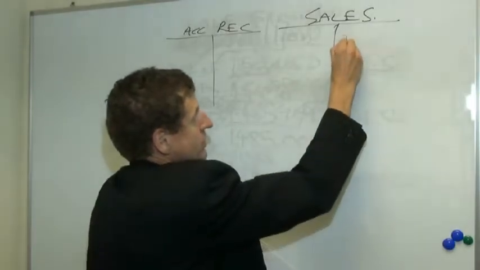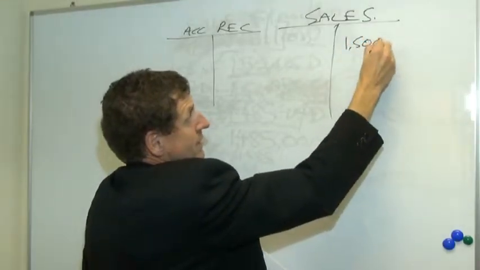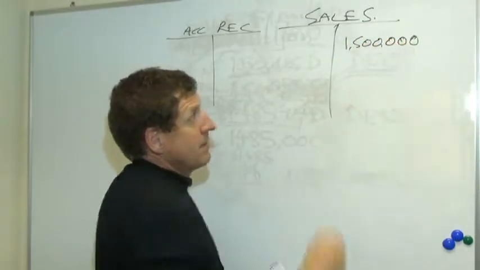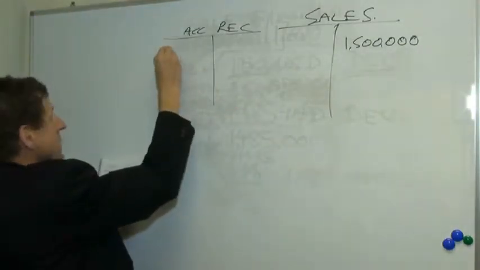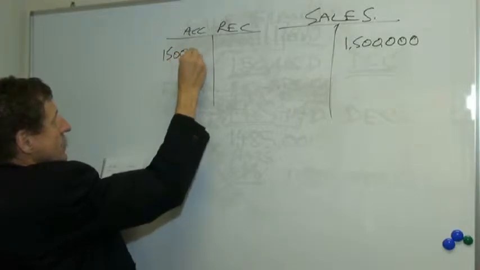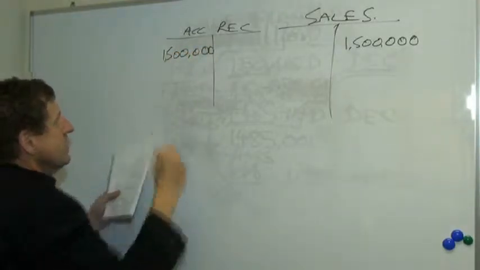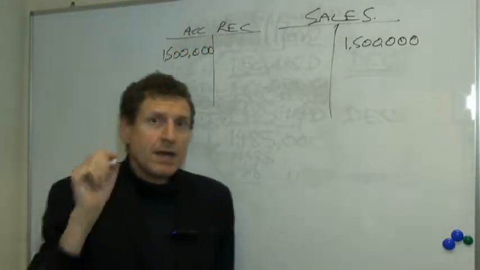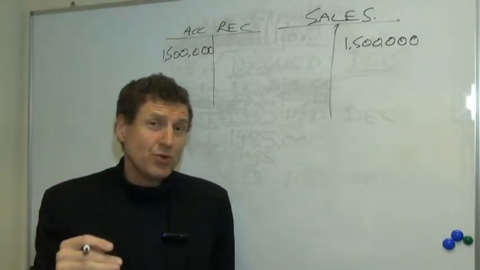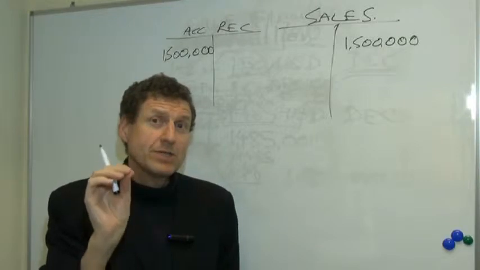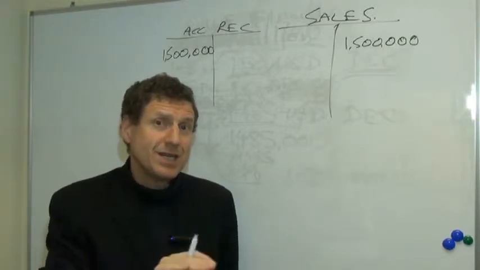They made a €1 million sale, and so they expect that is the amount of the sales, and the accounts receivable is an asset. In other words, you're going to receive this in 3 months' time. You're going to actually receive $1.5 million US in 3 months' time. Well, we hope to, if the foreign currency exchange rate does not change.